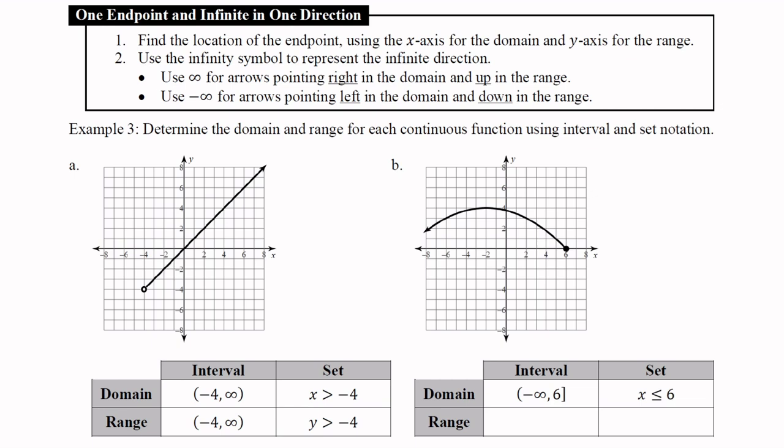In the range, our highest value is y equals 4, and it touches, so we will include that 4. The arrow points downward, so we are going infinitely in the negative y direction, so we've got negative infinity to 4 at the top. So y is less than or equal to 4 in set notation.